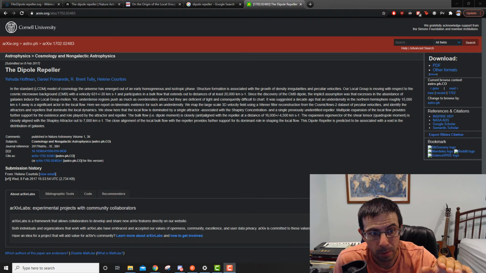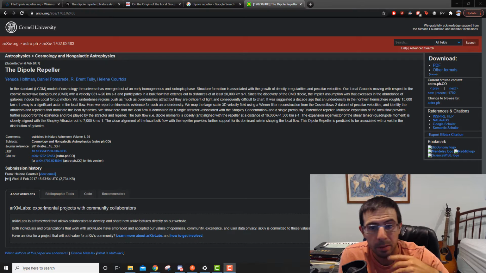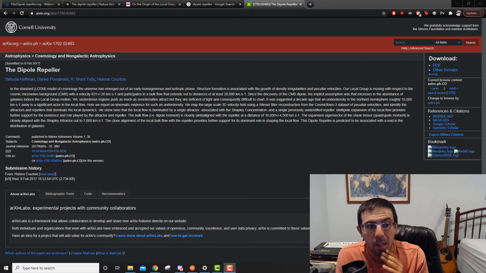And these were known, but what was more recently discovered is called the Dipole Repeller. Just to read a little bit of this paper written in 2017, they're saying here we map and identify the attractors and repellers that dominate the local dynamics, the motion of galaxies.